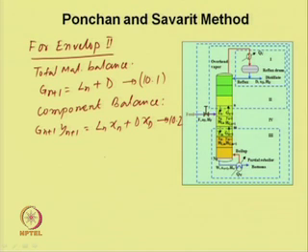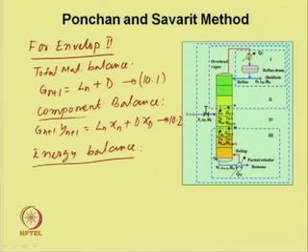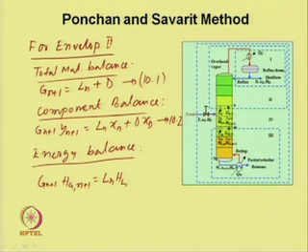So, the energy balance equation: Gn plus 1 HGn plus 1 would be equal to Ln HLn plus D HD plus QC, which is considering the condenser. So, this is equation 10.3.